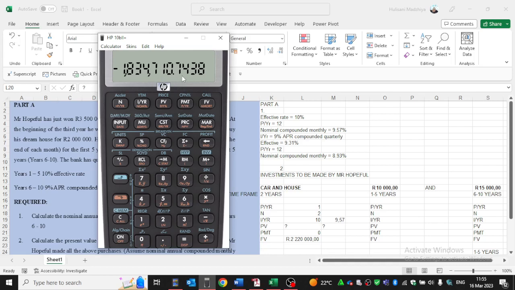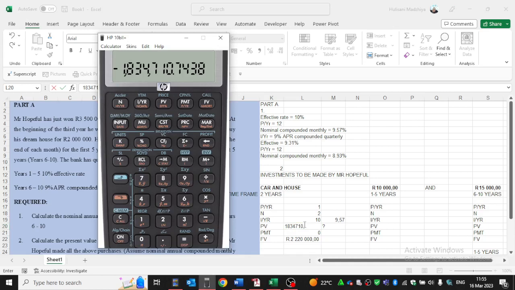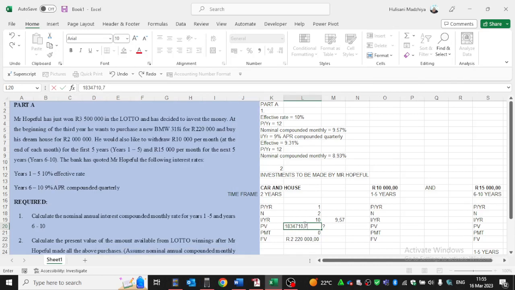So this is the amount that he will need to invest today, so that by the end of 2 years he has 2,220,000 for the house and the car that he wants to purchase. So I'm going to come here under the present value and say that the amount that he needs is 1,834,710.74.